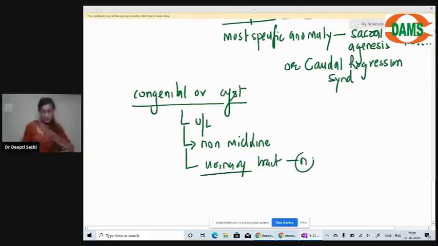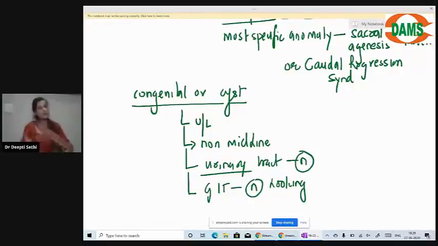And the third requirement is that the GIT tract should also be normal looking. Why? Because these are more common areas of anomalies that you are going to find. So when you make a rare diagnosis of congenital ovarian cyst, you ensure that you're not mistaking them for a urinary tract cystic swelling or a GIT cystic swelling, right?